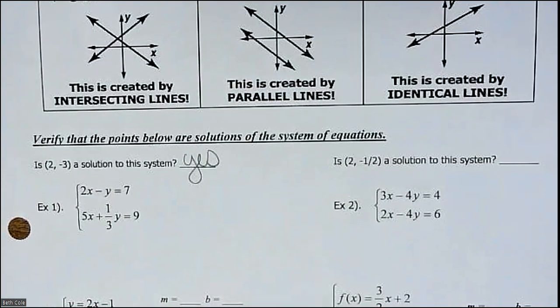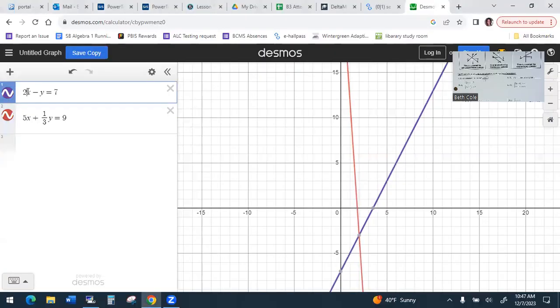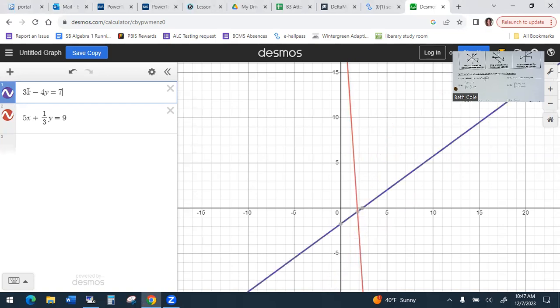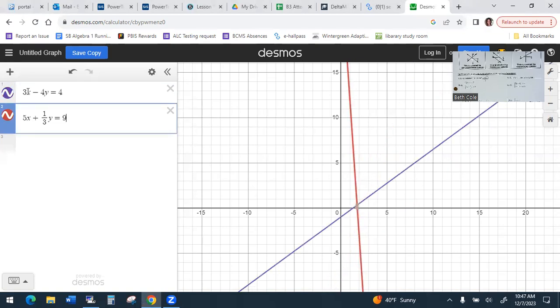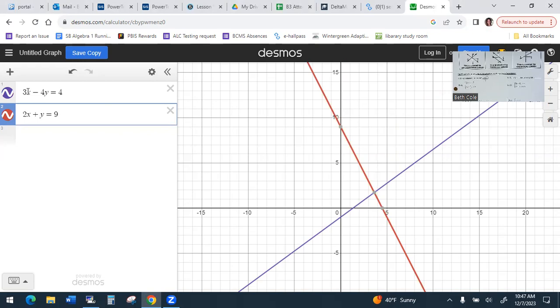So now we're going to do the other one. 3x minus 4y equals 4. So let me share the screen, and I can just change what's written in here. It was 3x, was it plus or minus? Minus 4y equals 4. And then we've got 2x, minus 4y equals 6. Again, I'm not trying to bore you to tears, but you have to know how to type these.